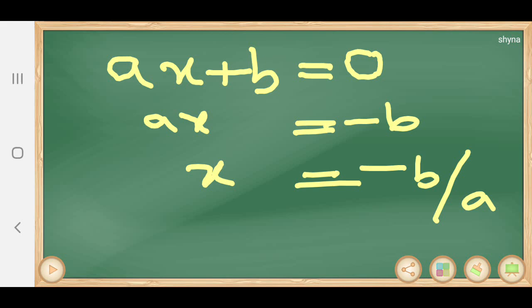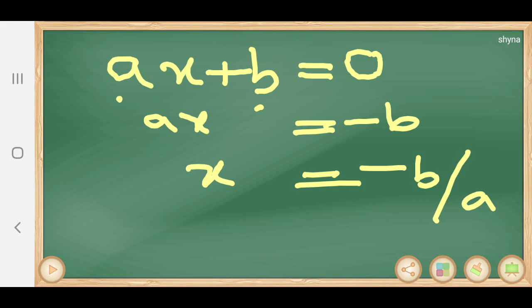In the case of a linear polynomial, the zero is the value of x. How does it relate? x equal to minus b by a, so the zero equals minus of the constant b, divided by the coefficient of x.